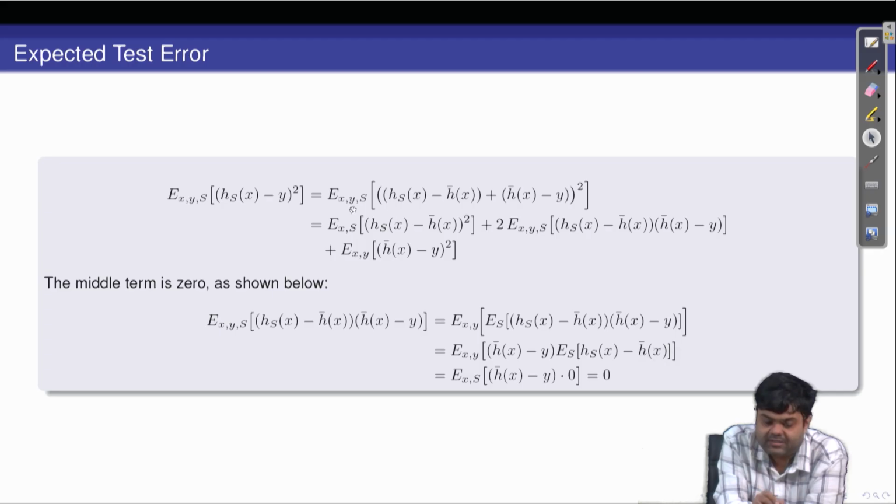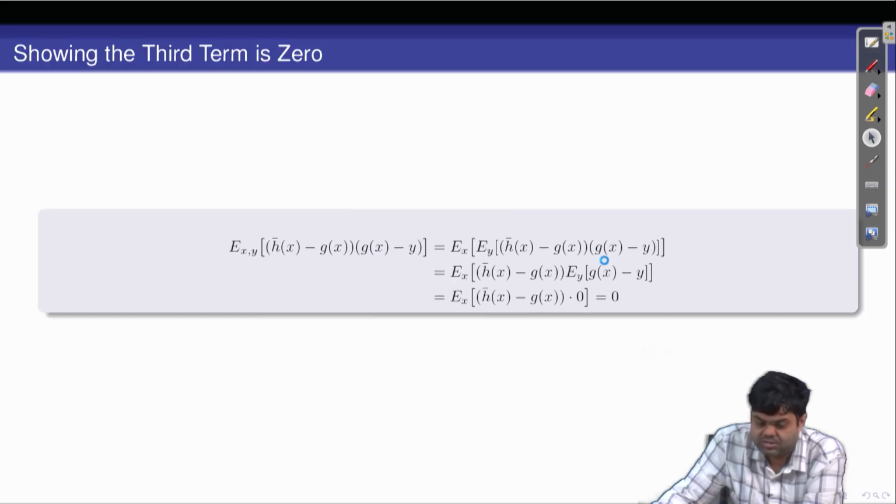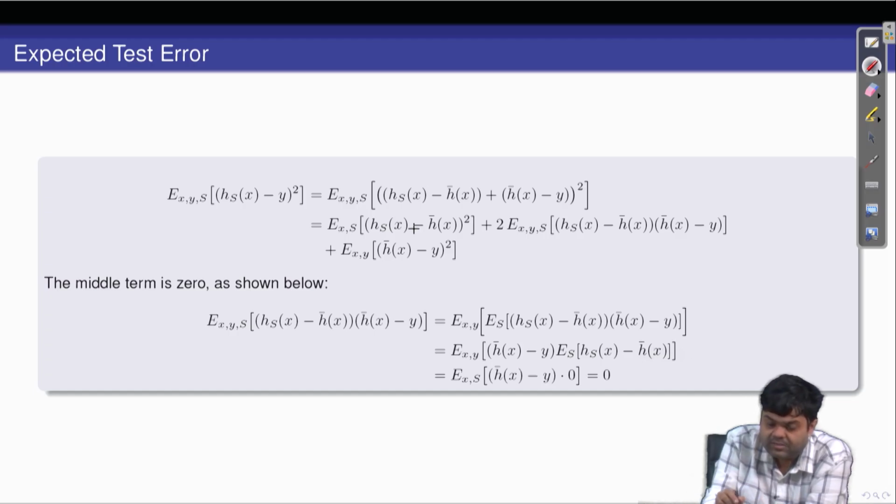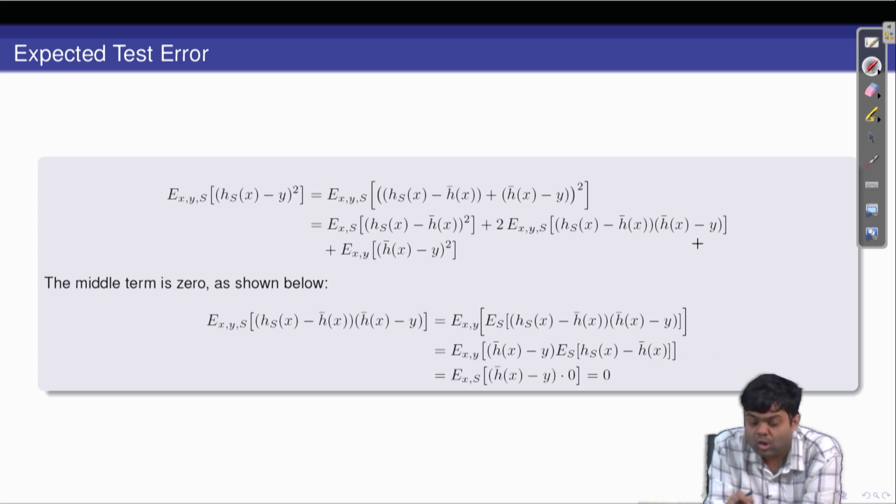So, you write this expression as this minus this within a bracket plus this minus this within a bracket, the sum of these two things whole square. Now, if you split it, you will get the square of the first term, the square of the second term, and the cross product term. The cross product term, it turns out, is 0. Let us see why the cross product term, the middle term, is 0.